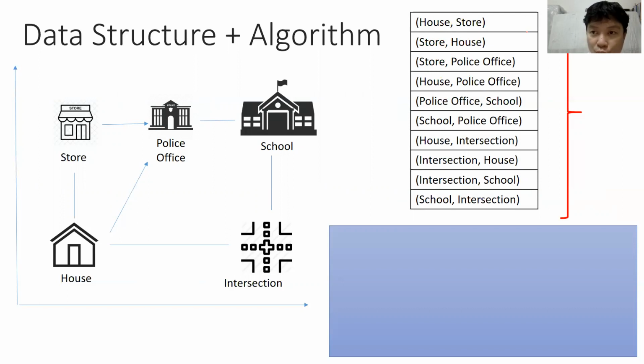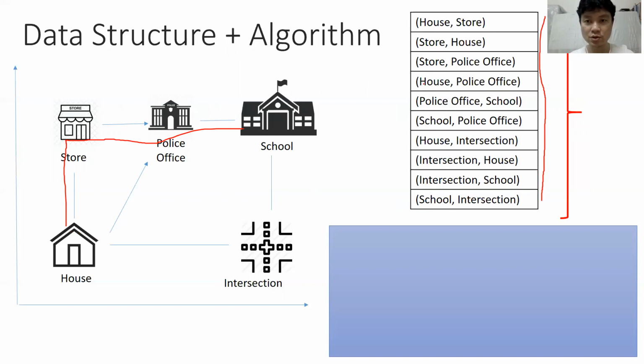So you need to go through all this data, and then after that you can check the distance. After you have the first option, like from the house, store, post office, and school, then you will check the other option, which is from house to post office.